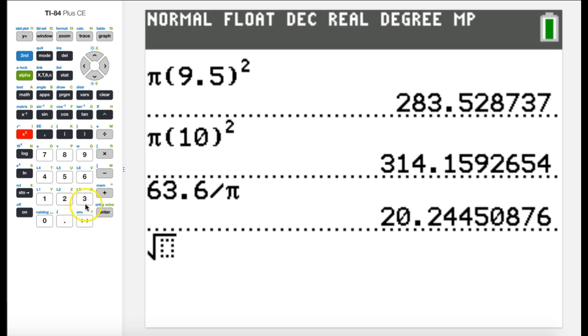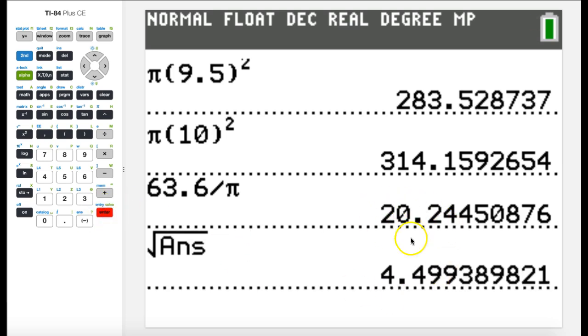Okay, that means previous answer. So if I do second ANS, that's going to plug this value in there. So we get 4.499. So if we round this, okay, our final answer, if we round that to the nearest tenth, we will get 4.5.